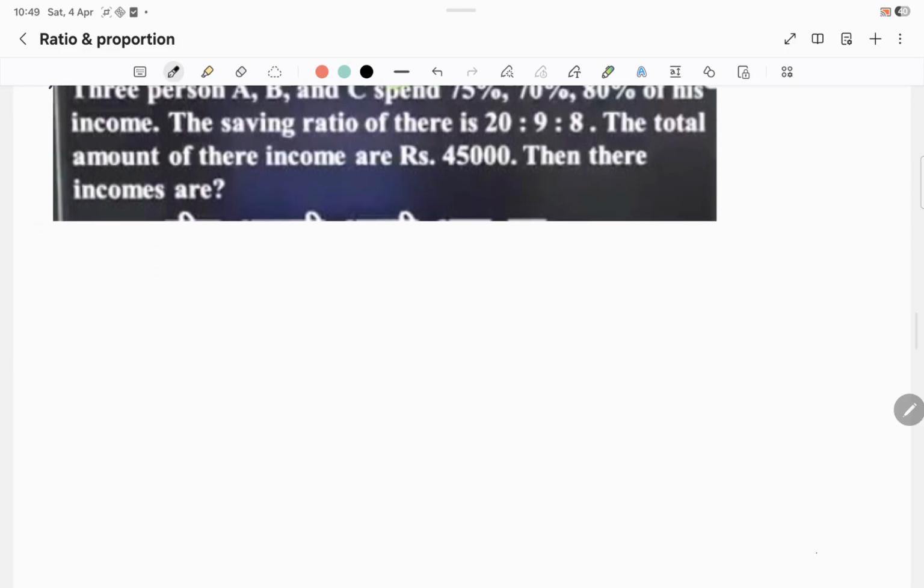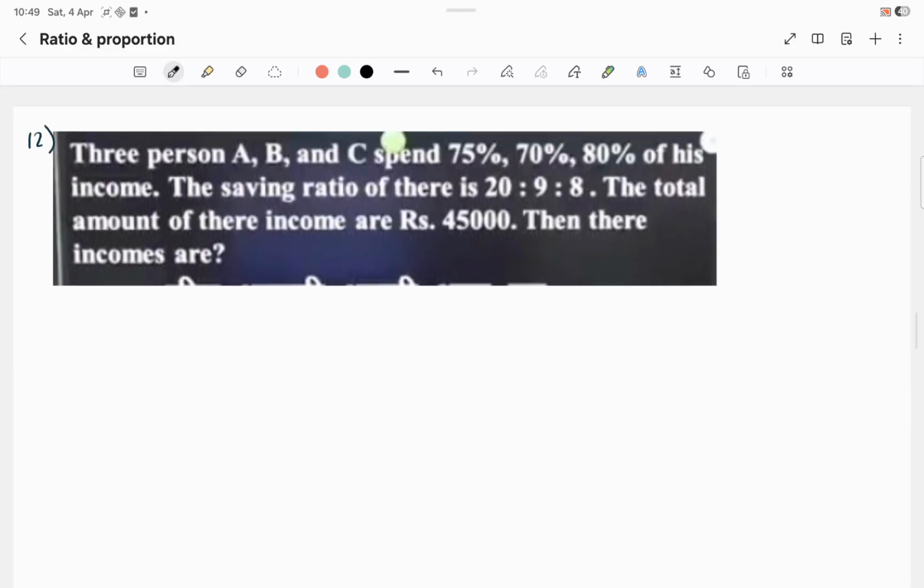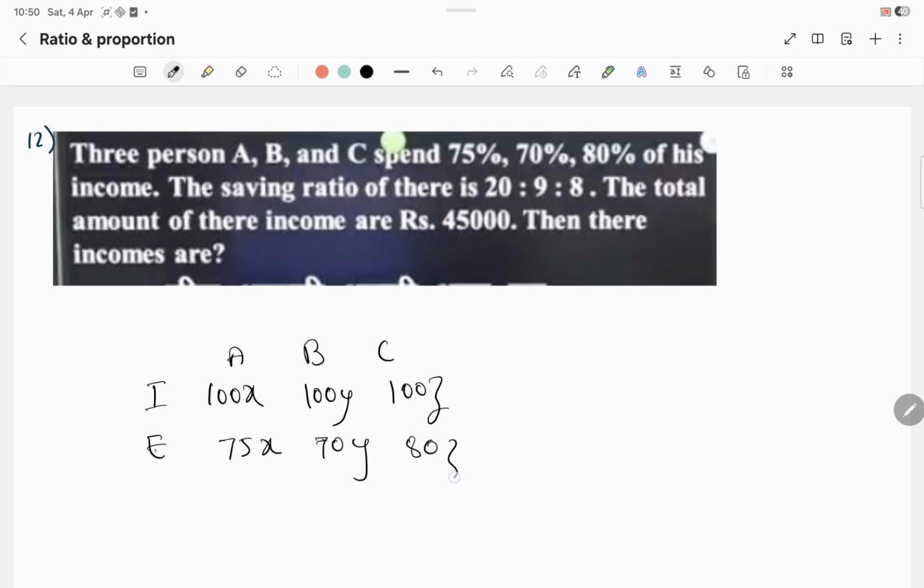Next, 3 persons A, B and C spent 75%, 70%, 80% of their income. Spending 75% means initially their income, let we take 100x, 100y, 100z. Initially they are having that. They spend their expenditure 75x, 70y, 80z.